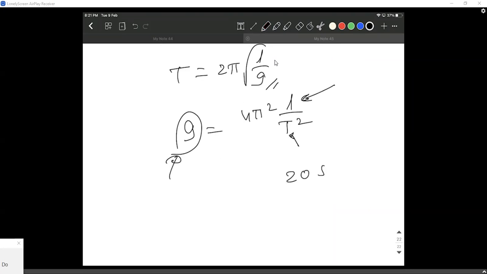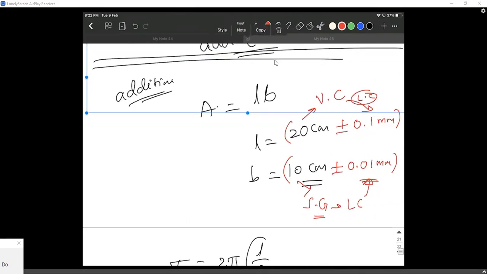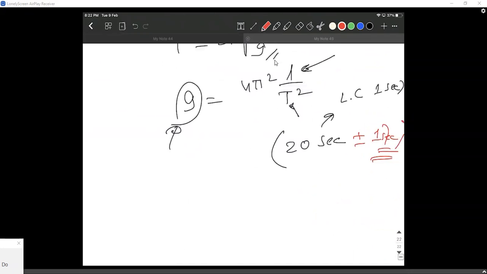They got the time as 20 seconds and they measured with a clock with least count 1 second. They simply say this. So you have to imagine the error is plus or minus 1 second. Just an additional tip that I'm giving you. Whenever they don't mention the error, you look at the instrument that they used and put the least count as the error directly.